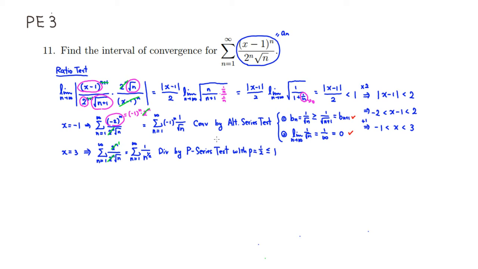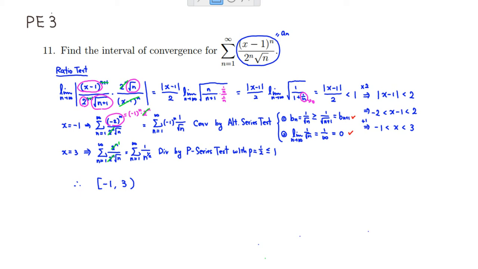Therefore, the interval of convergence is going to be -1, where we get a convergence, so we put a square bracket to indicate that we're going to include -1. And to 3, and we put the right parenthesis to indicate that we do not want to include 3 because we get a divergence there. So that's the interval of convergence.